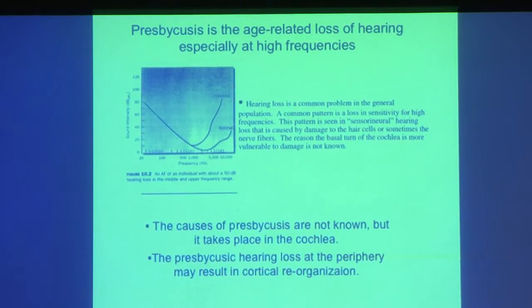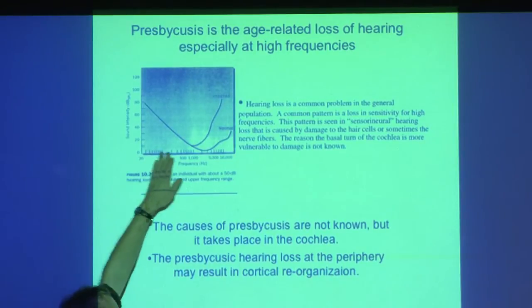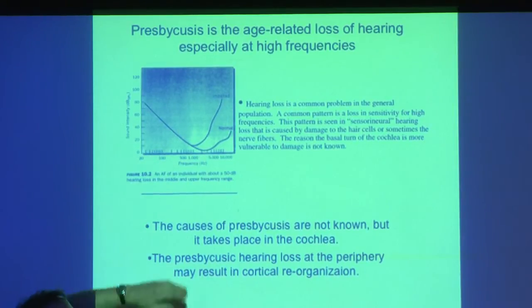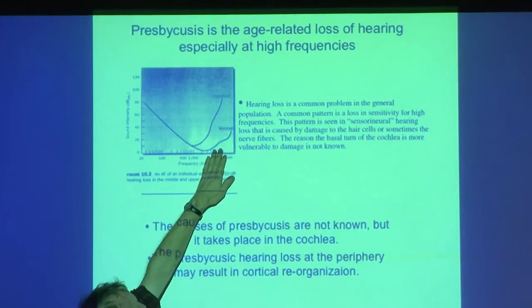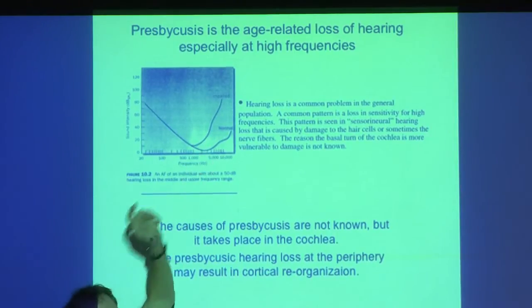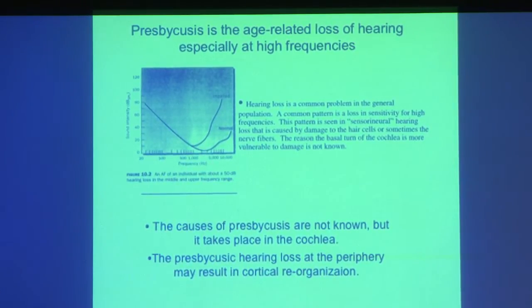The type of hearing loss that you have when you get old is called presbycusis. Presbycusis is the age-related loss of hearing, especially at high frequencies. And almost all of us are going to go through presbycusis. This is a normal audiogram or threshold of hearing curve when you're young, and this is one when you get older. And invariably, we lose our high-frequency hearing.